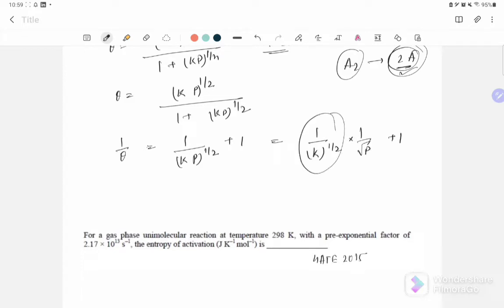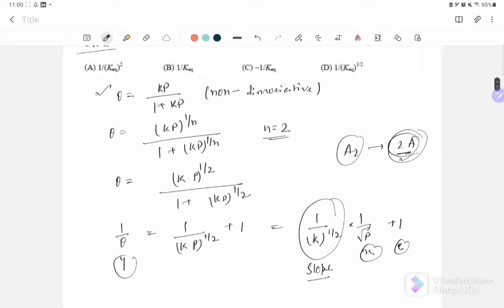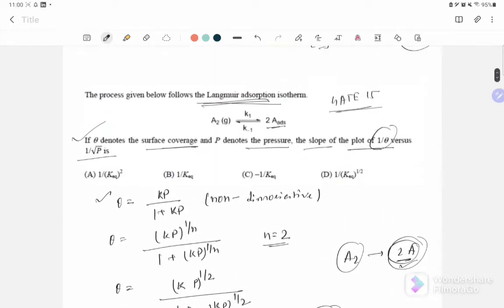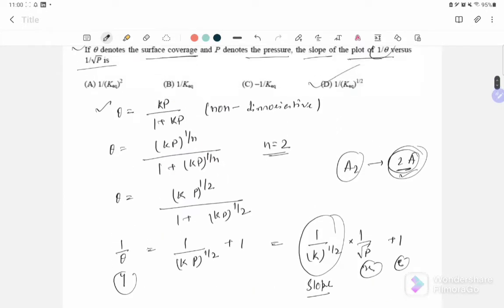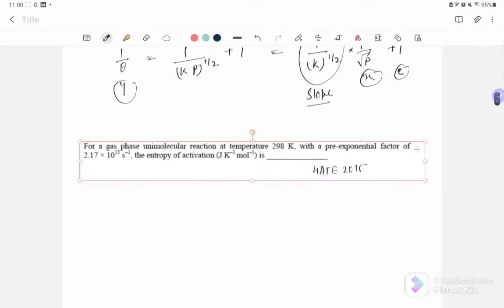They ask for the slope. This is y, this is x, and this is c. So the slope is 1 by root k, so D will be our correct option. Our next question is GATE 2015.